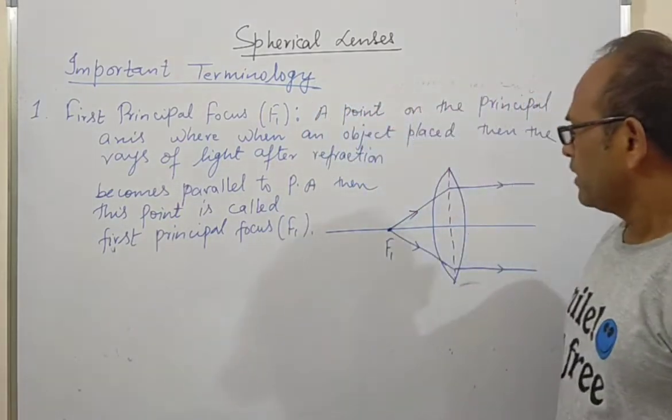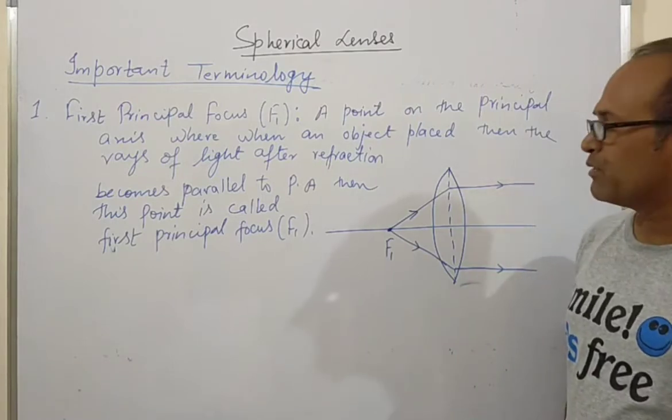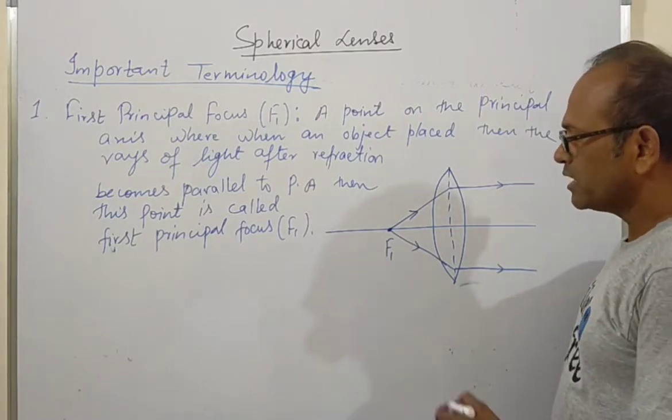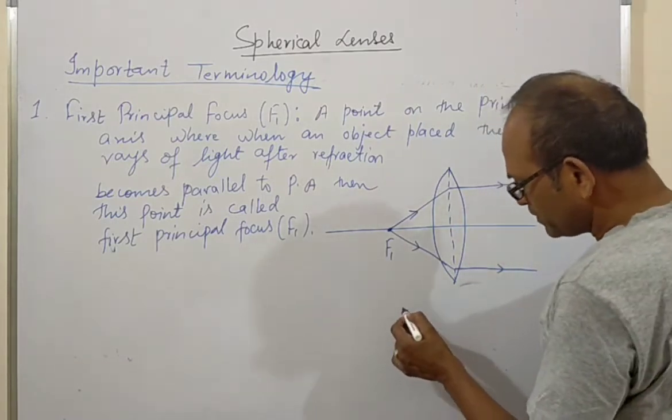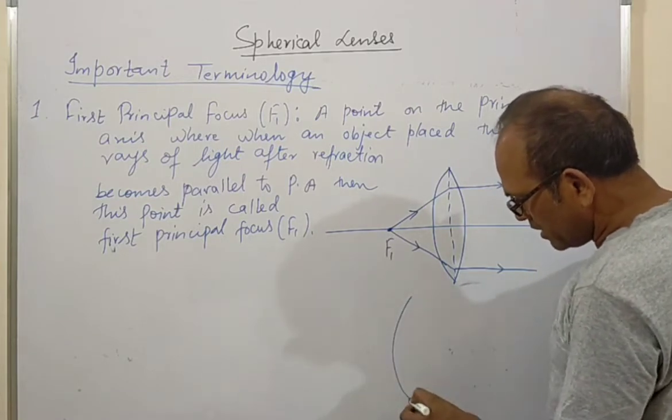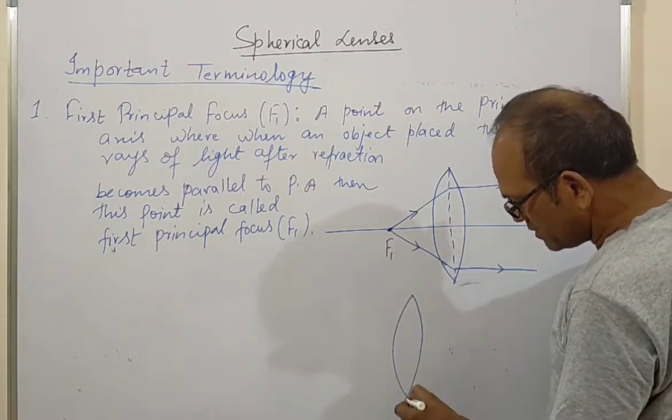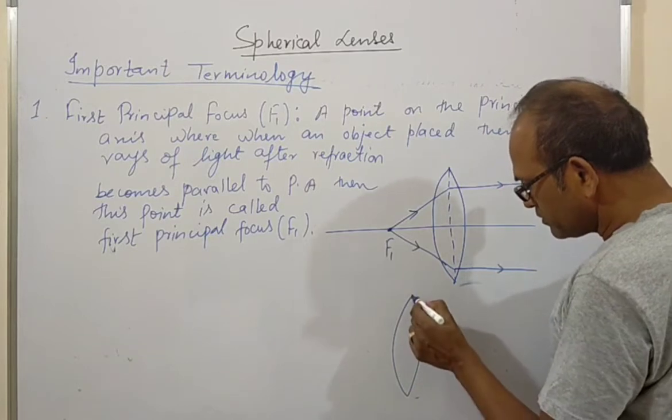Okay, then what is second principal focus? What is second principal focus? F2. Now I take another convex lens.